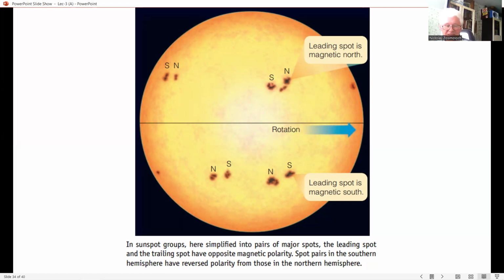The figure in this slide, which you can see now, illustrates this by showing sunspot pairs south of the sun's equator, with magnetic south poles leading, and sunspots north of the sun's equator, with magnetic north poles leading. At the end of an 11-year sunspot cycle, the new spots appear with reverse magnetic polarity.